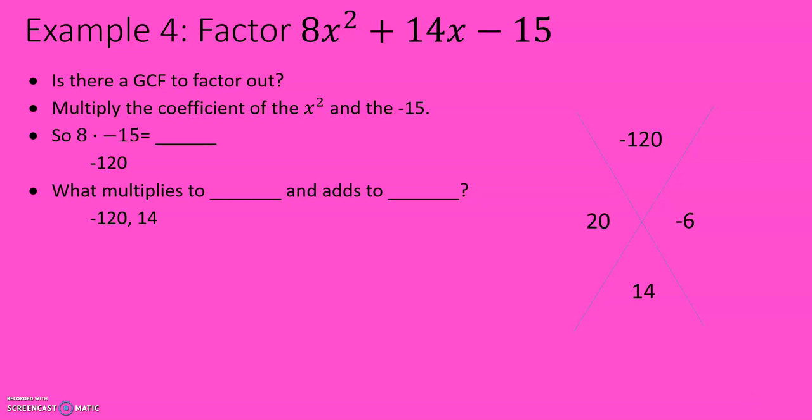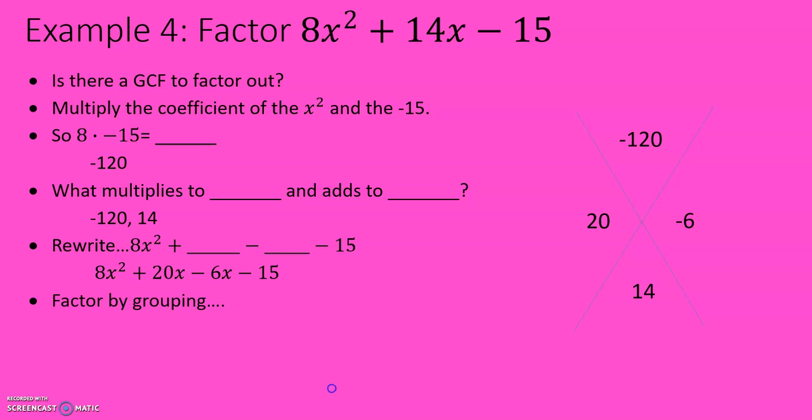Negative 6 and positive 20. We're going to rewrite as 8x squared plus 20x minus 6x minus 15. Factor by grouping. 4x times 2x plus 5 minus 3 times 2x plus 5. 4x minus 3 times 2x plus 5.